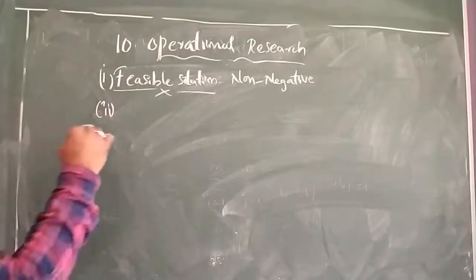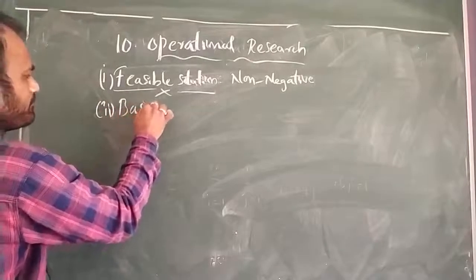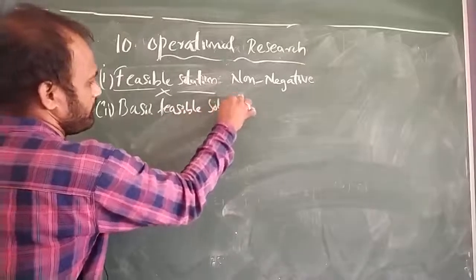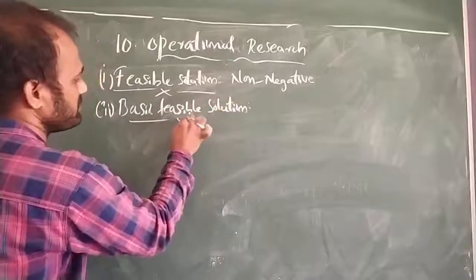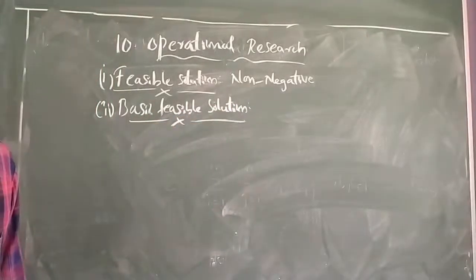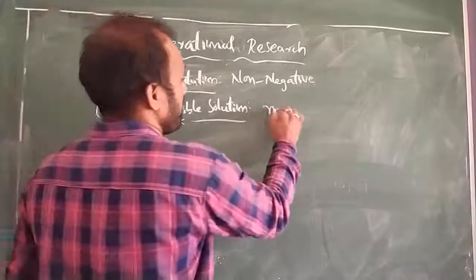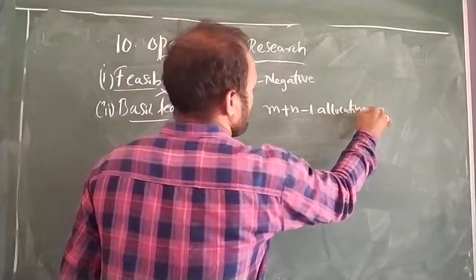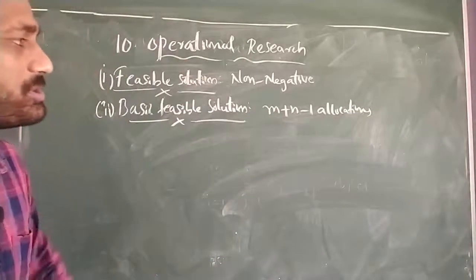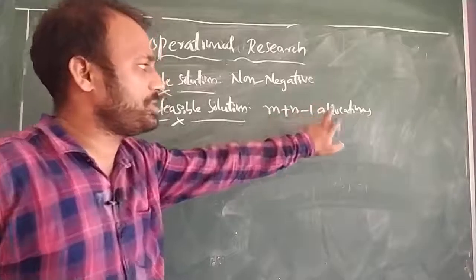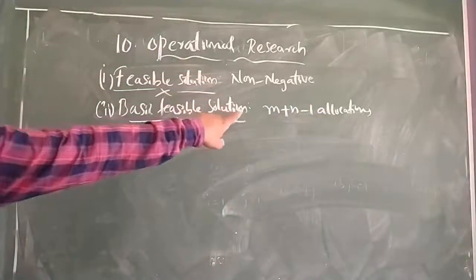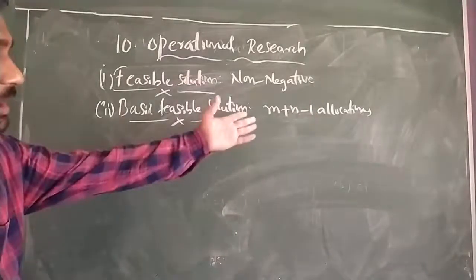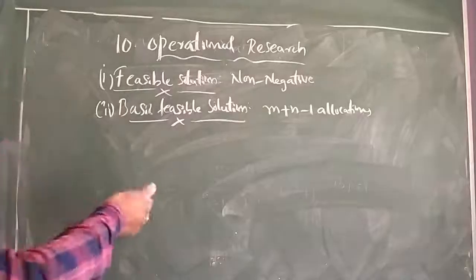The second parameter is the basic feasible solution. A basic feasible solution contains M plus N minus 1 allocations, where M is the number of rows and N is the number of columns in the transportation problem.